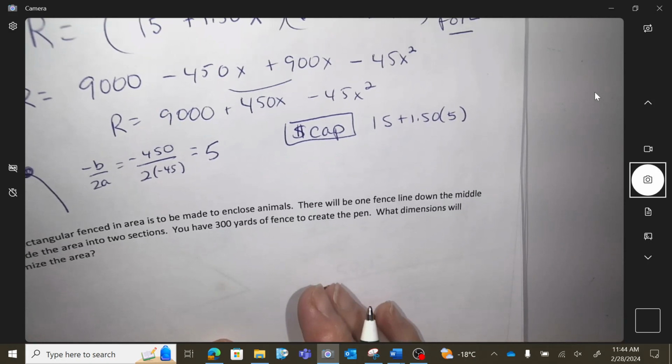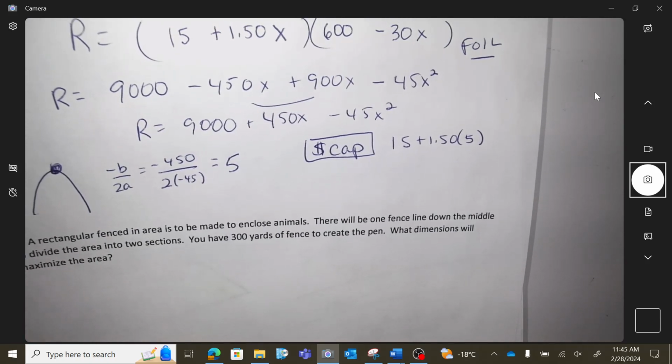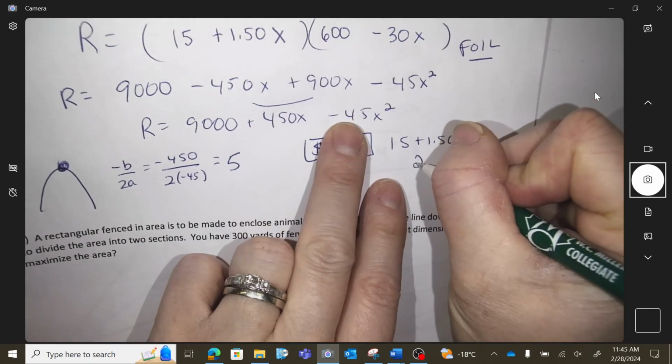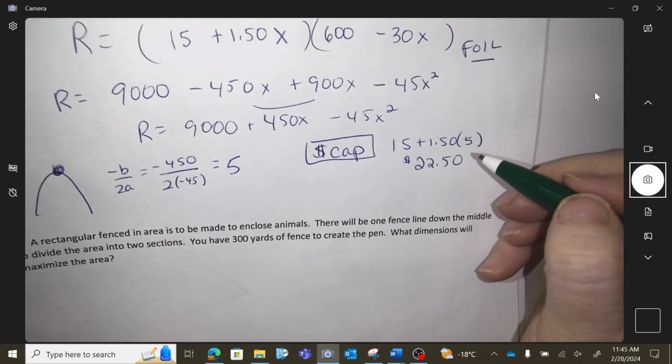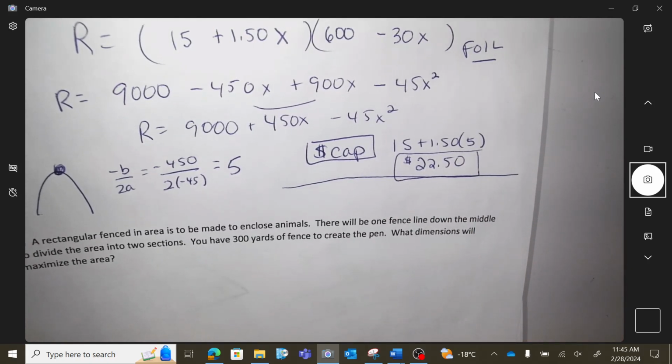It was $15, and then you went up $1.50, $1.50, $1.50, 5 times.